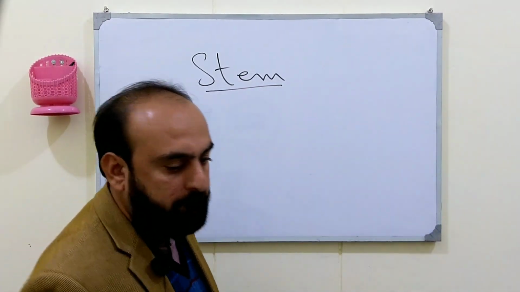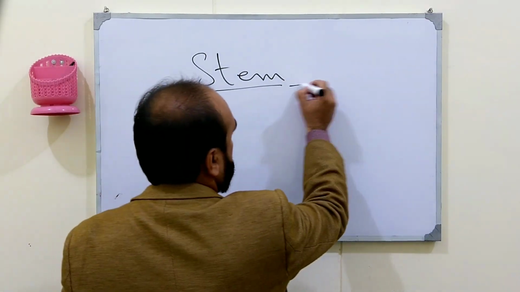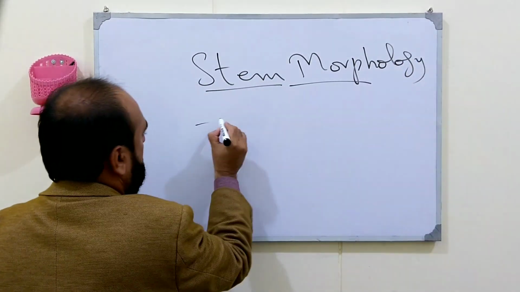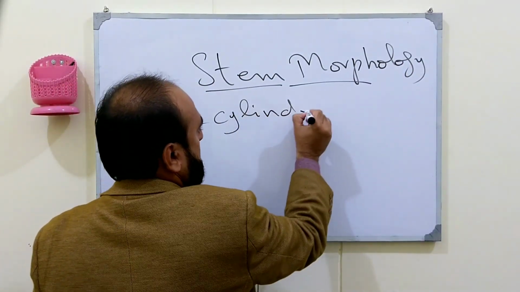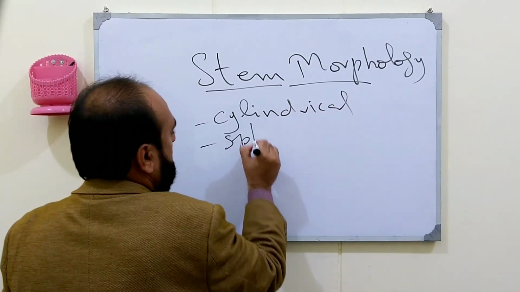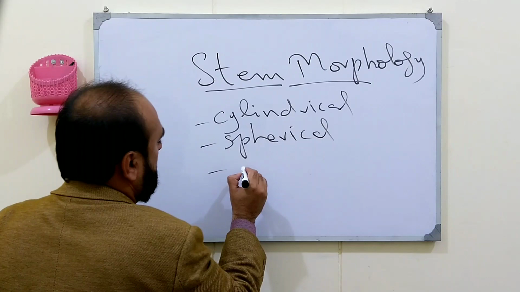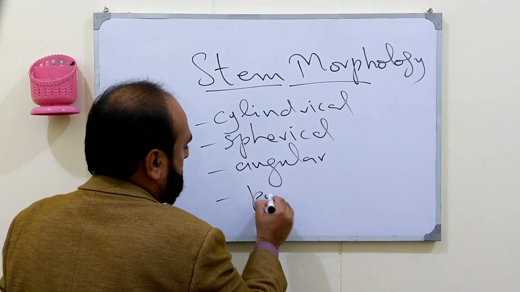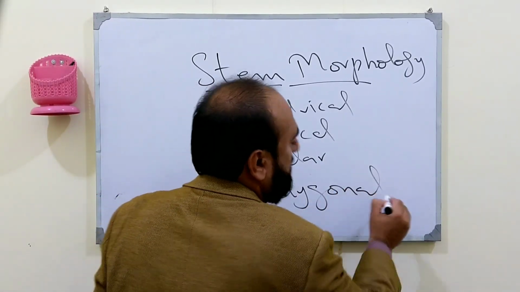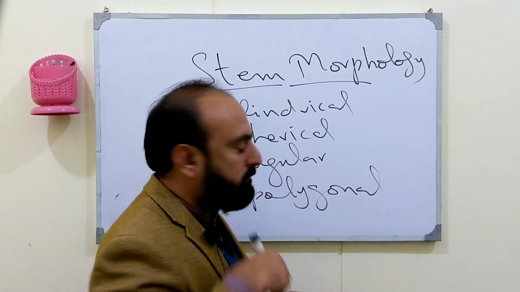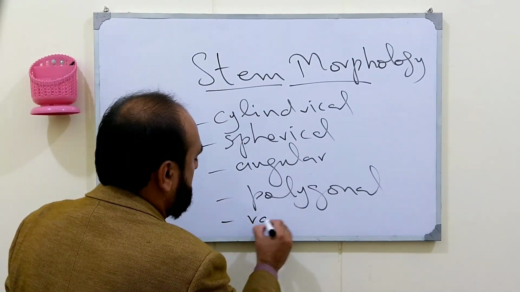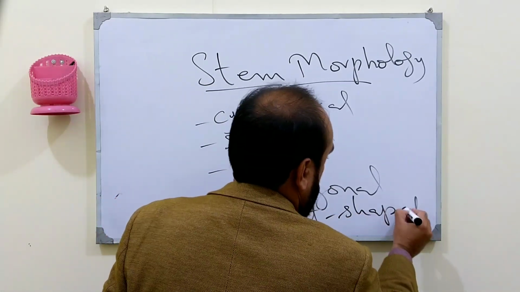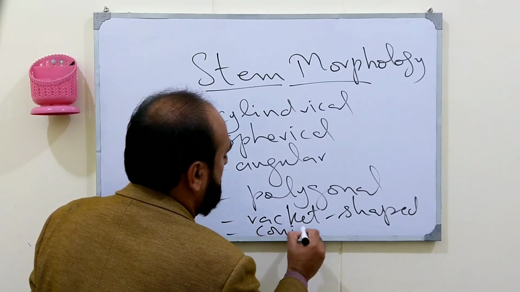A stem can have different shapes. For example, cylindrical shapes, spherical shape, angular shapes, polygonal shape, and then there are some special shapes like bracket shapes or conical shape.